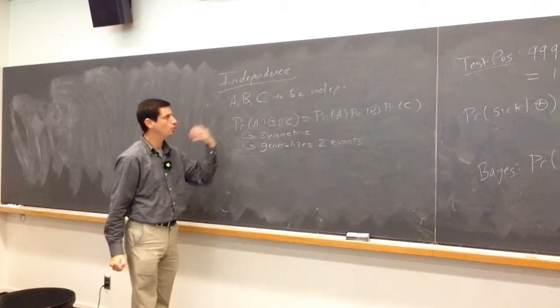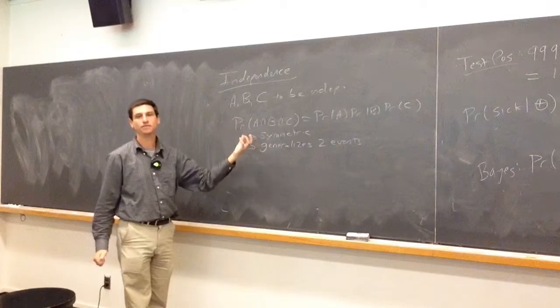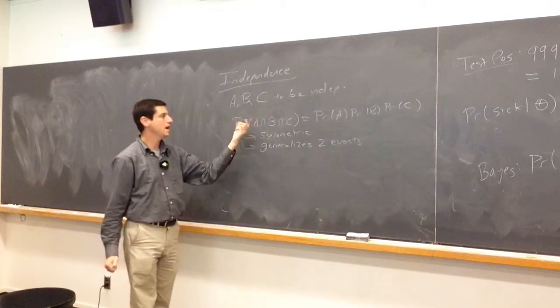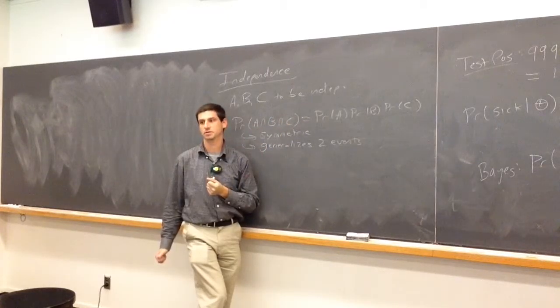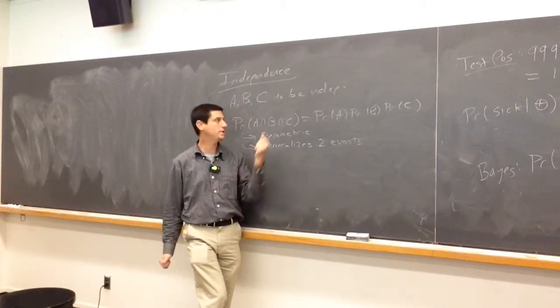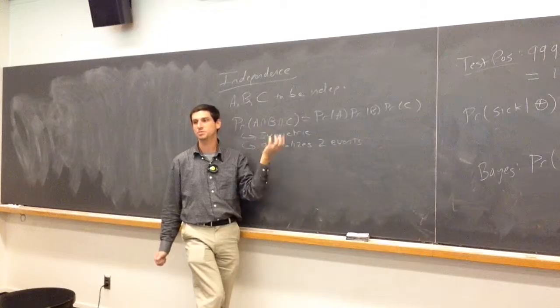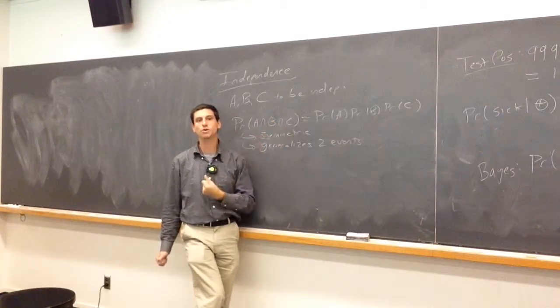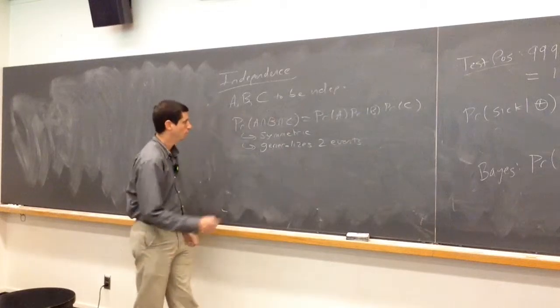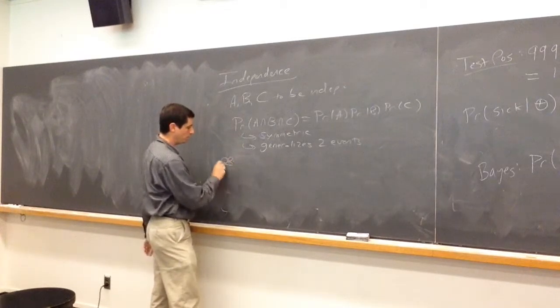But the problem is it only talks about the interactions of all of them. Maybe A, B, and C together are independent, but maybe A and B could be dependent. Or maybe there could be pairwise things, but not triple things. So the question is, do we need more than just this? Or what about the following?